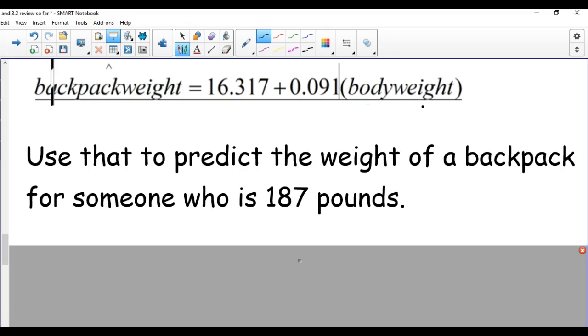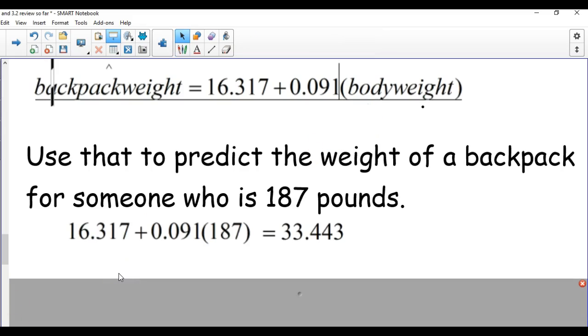Pause right now and do that, please. Okay, so here's what I would expect you to write down. 16.317 plus 0.091 times 187 gives me 33.43 pounds. If you're asked to interpret the value, you would just say for someone who's 187, we predict their backpack weight would be 33.443 pounds.